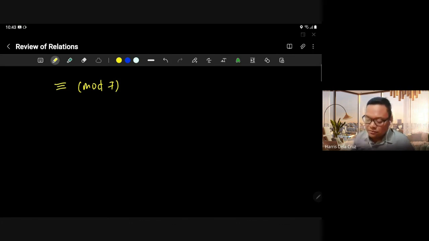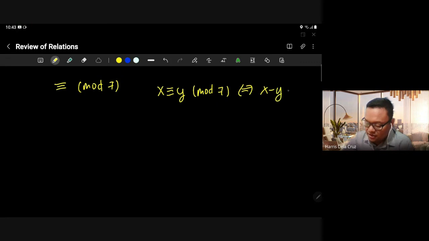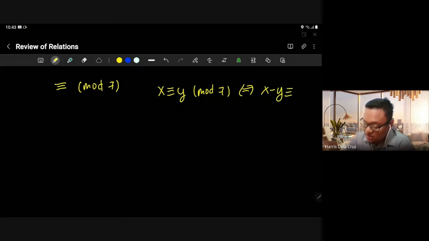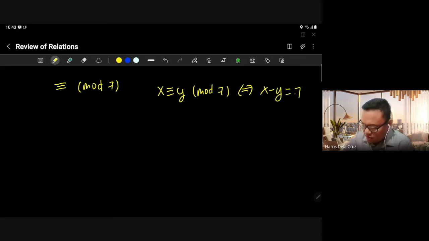So, pag sinabi mong congruence modulo 7, ang ibig sabihin nun, x is congruent to y modulo 7 if and only if x minus y is equal to 7n for some n. So, there exists an n such that x minus y is a multiple of 7. Yan ang ibig sabihin ng modulo 7.